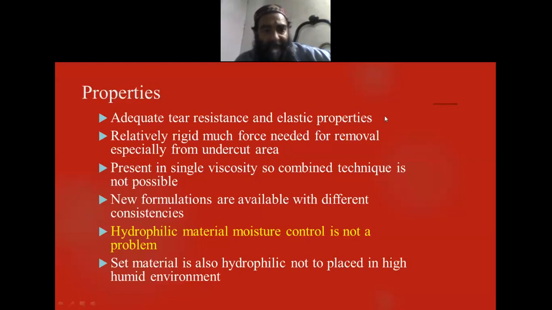So it is very difficult to remove it from undercut area, if any undercut area is there. Present in single viscosity, so combined technique is not possible. So as it is present in a single viscosity, the two type of technique, one is ranging and the other one, is not possible. Simply load it into the tray and take the impression.